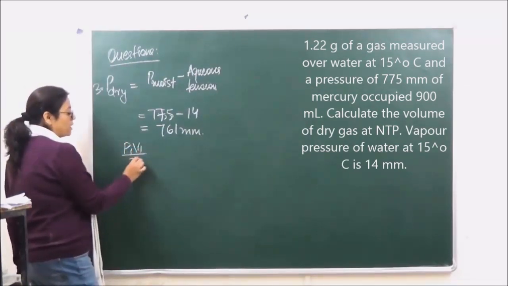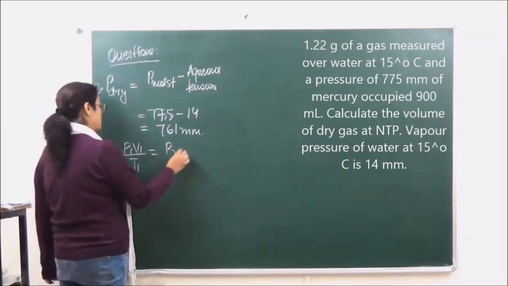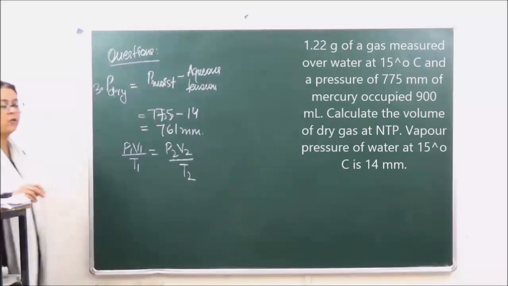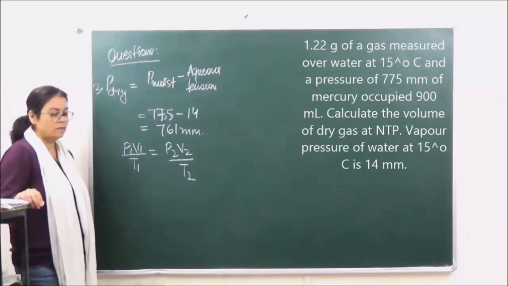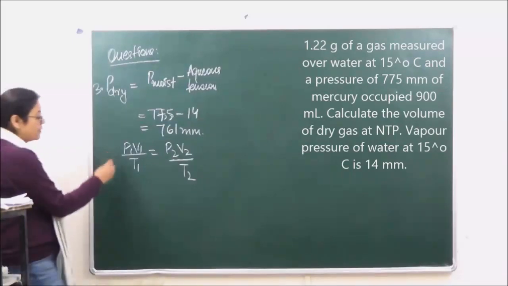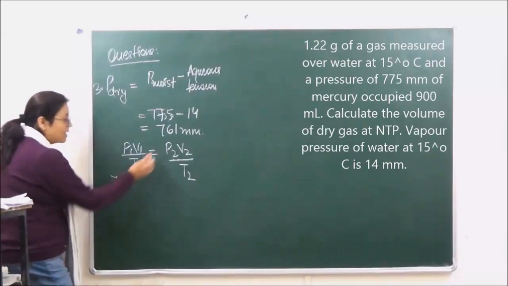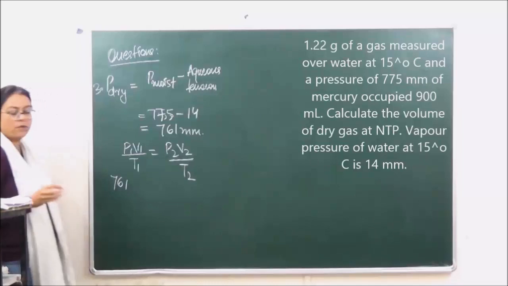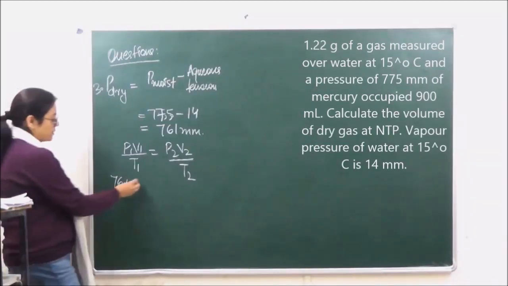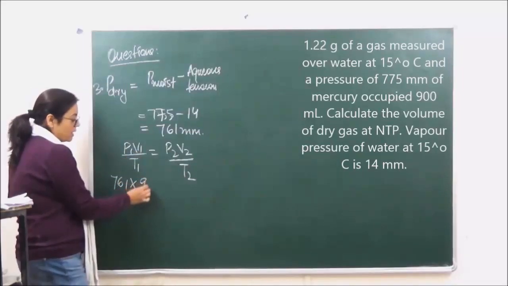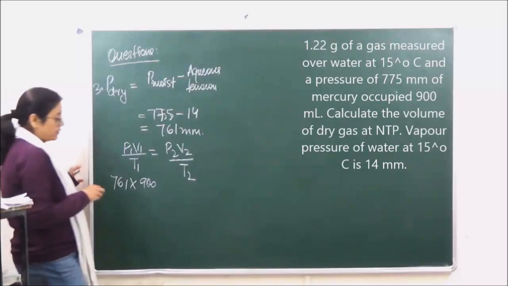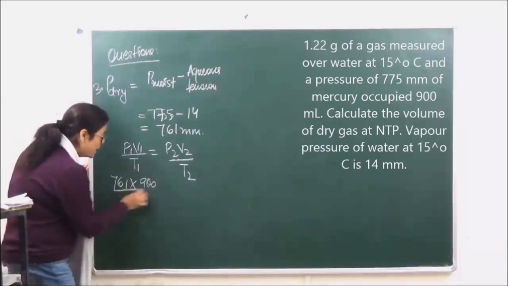P1 V1 upon T1, that is equal to P2 V2 upon T2. ठीक है? What is P1 given to us over here? That is 761, which we have calculated over here for the dry gas, into 900. V1 given to us is 900, upon T1.